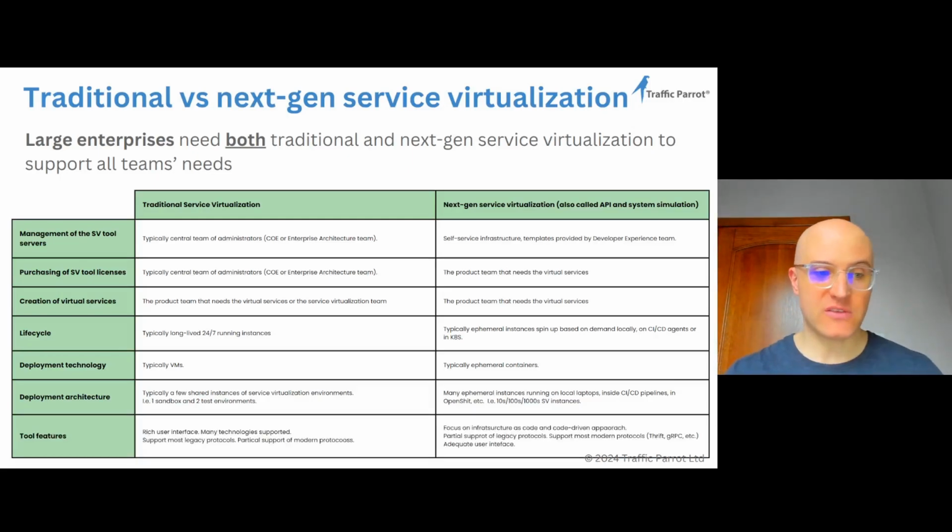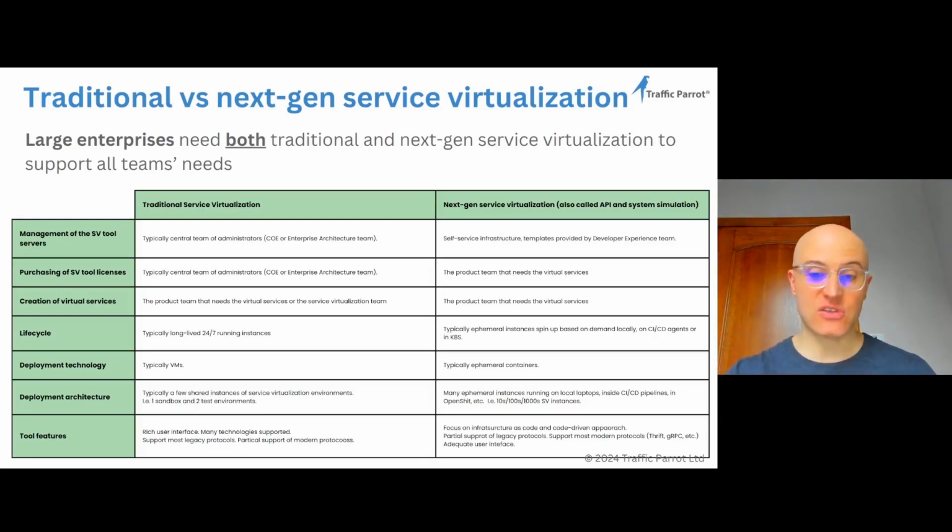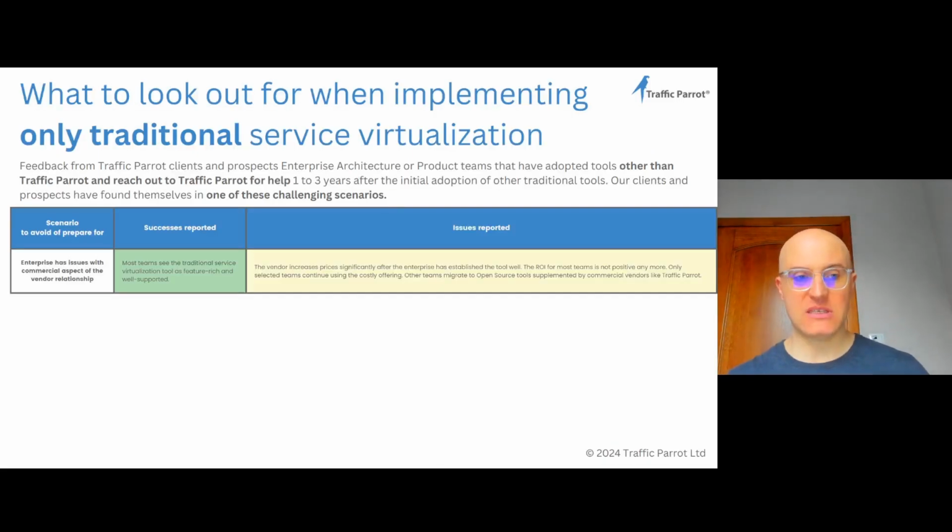The traditional service virtualization tools have very rich user interfaces, support many technologies, support most of the legacy protocols, and partially support the new modern protocols. Whereas the next generation service virtualization tools focus on infrastructure as code and code-driven approaches. They have adequate user interfaces, although not as rich as the traditional service virtualization tools, and they provide partial support for legacy protocols and support most of the modern protocols such as Thrift, gRPC, etc.